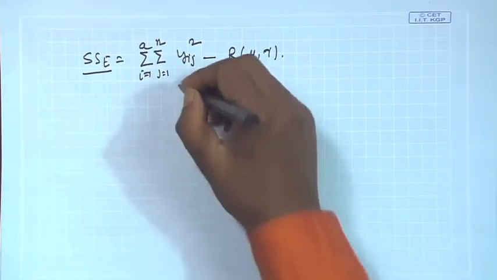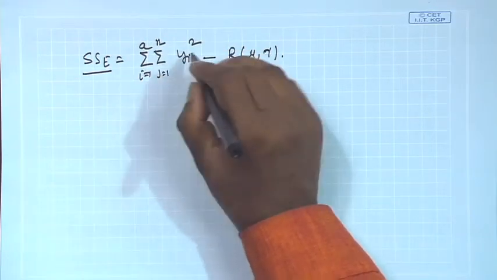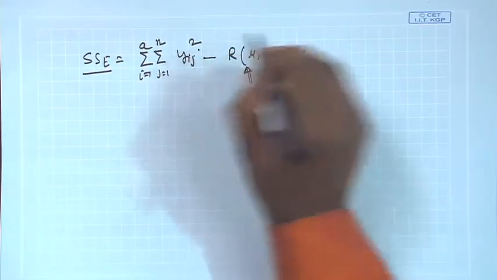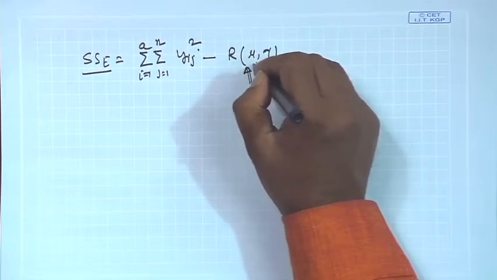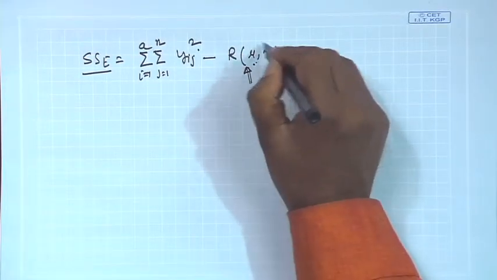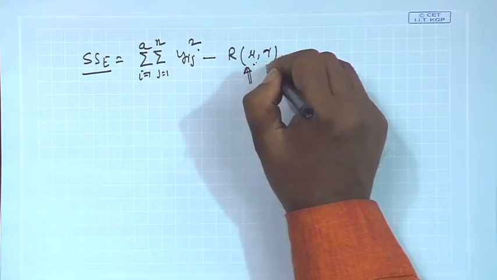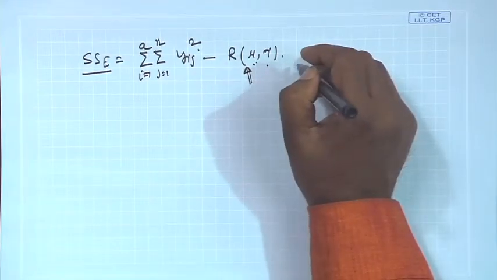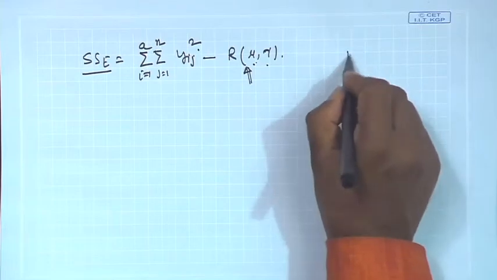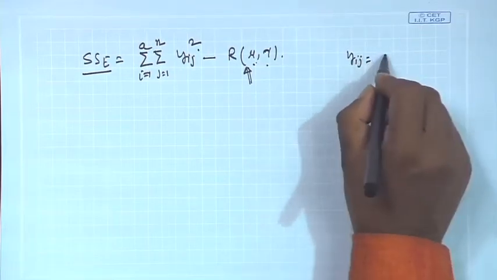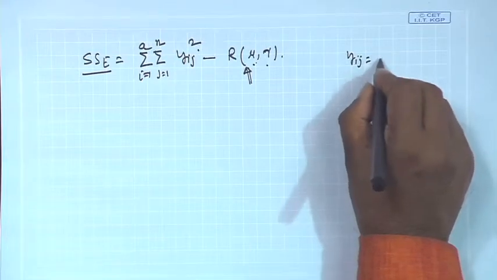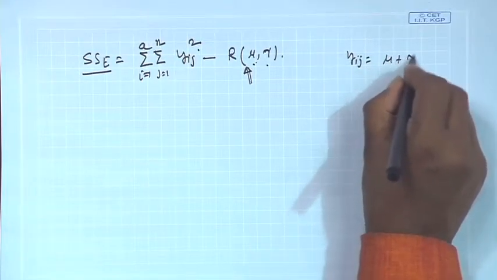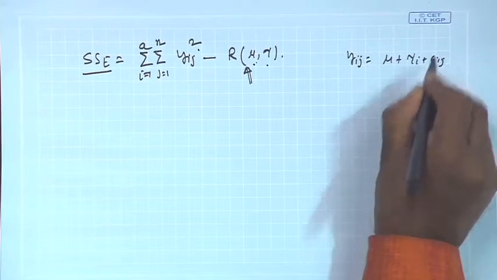That means this is the variability in y, and this one is the variability including mu, meaning y ij equal to mu plus tau i plus epsilon ij.